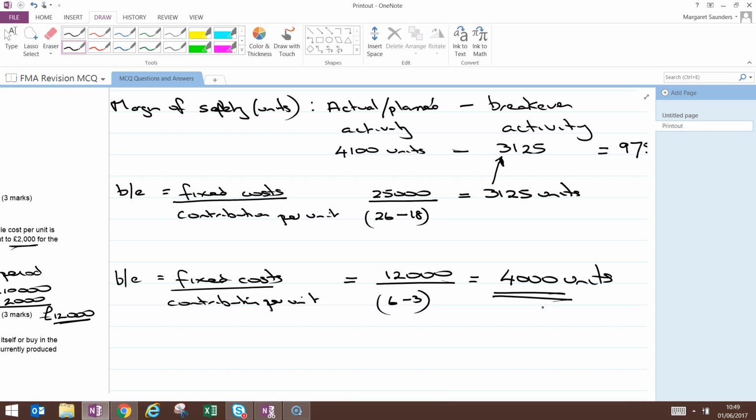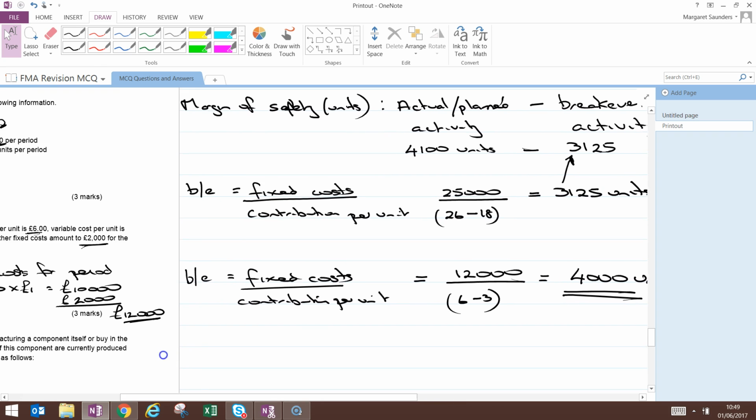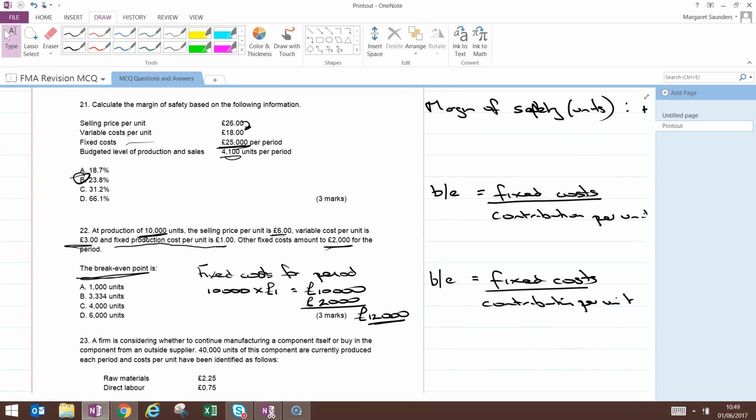So what will our revenue be? Well, if we're going to sell 4,000 units to break even and we're selling each of them at £6 a unit, then £24,000 of revenue is your break even. So this question was asking for it in units, so we've worked out 4,000 units, which is answer C.